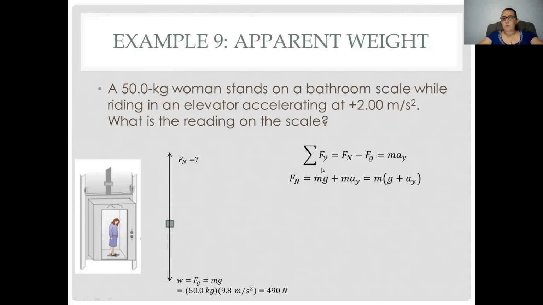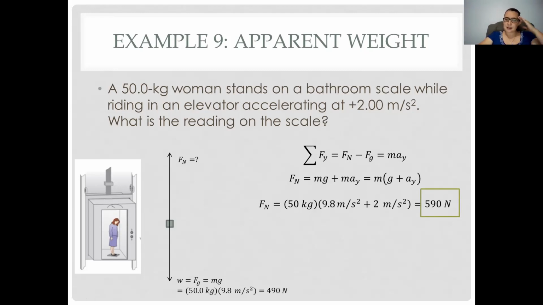We can group like variables together. There's a mass in both of those terms, so we'll pull that outside the parentheses. And so we get mass times g plus a. And that gives her a normal force, or an apparent weight, of 590 newtons.